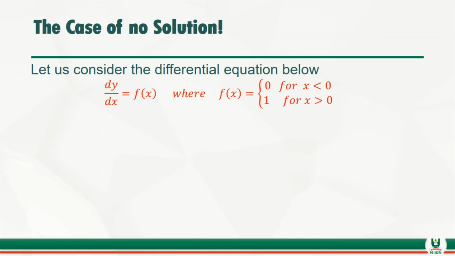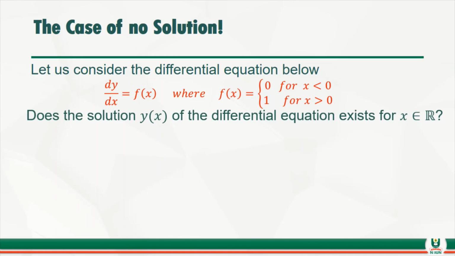The last thing we are going to consider now is the case of no solution. Let us consider the differential equation dy/dx is equal to f(x), where f(x) is 0 and 1, and then the ranges are specified. The question is this: does the solution y(x) of the differential equation exist for x belongs to real numbers?